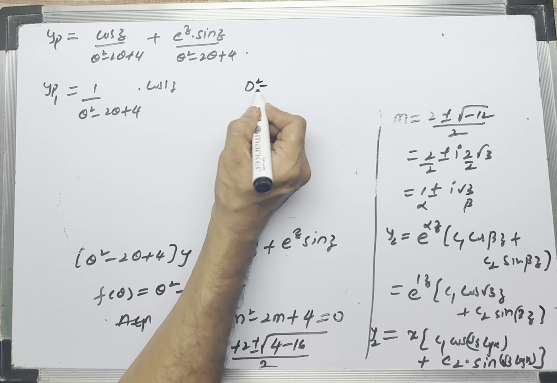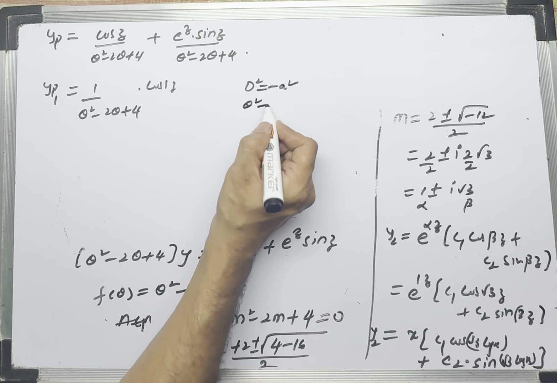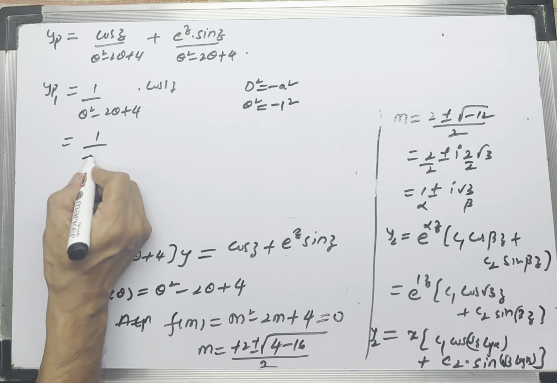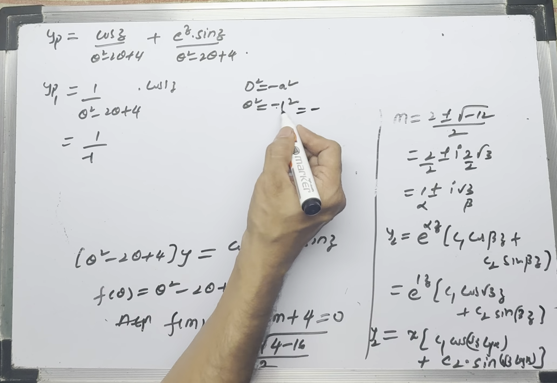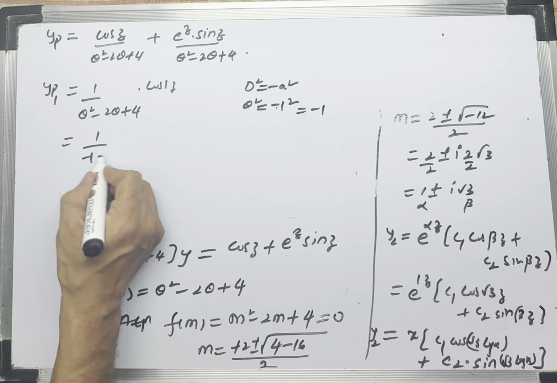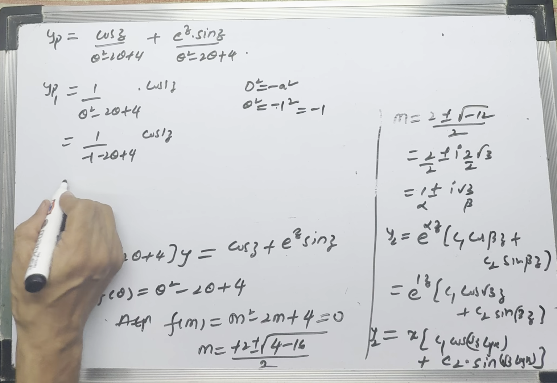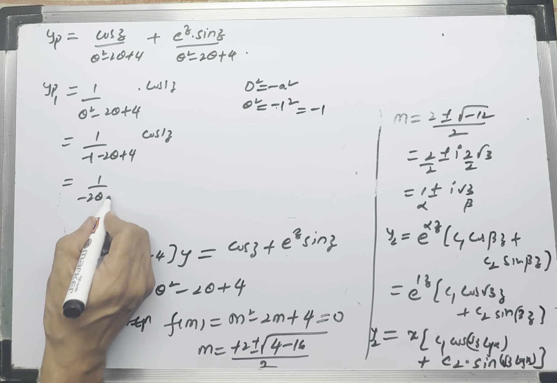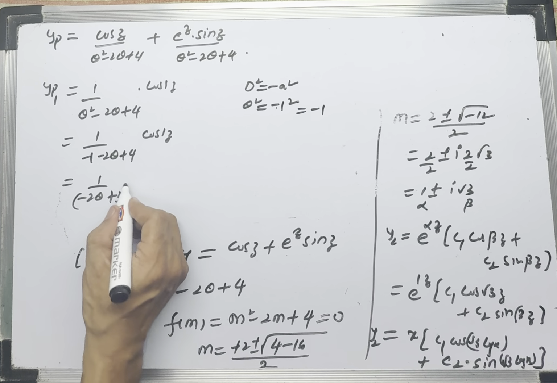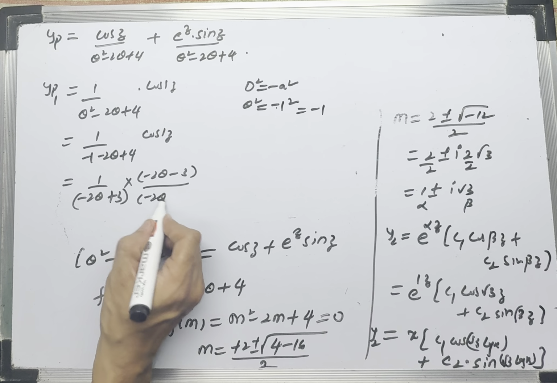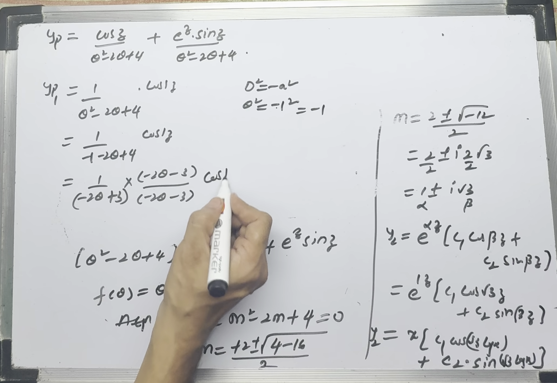So d square equals minus a square. Similarly, theta square equals minus 1 square. Minus 1 square is minus 1 only. Minus is outside, square is only for 1. Minus 1 minus 2 theta plus 4 cos 1z. Still theta is there. So first we will write theta term plus 3 into, rationalize this, minus 2 theta minus 3 by minus 2 theta minus 3 into cos 1z.